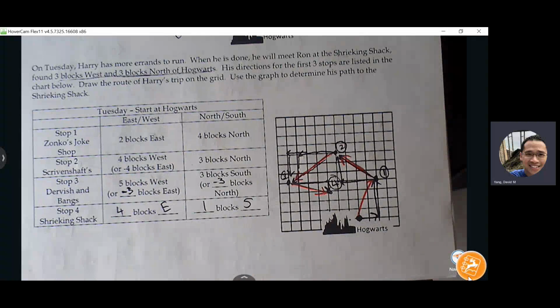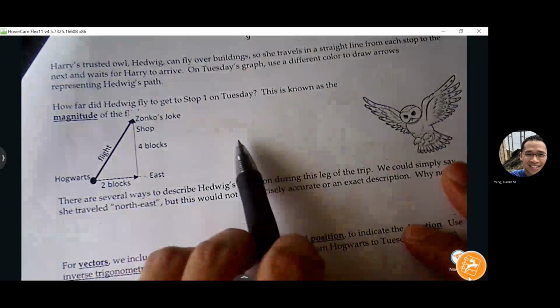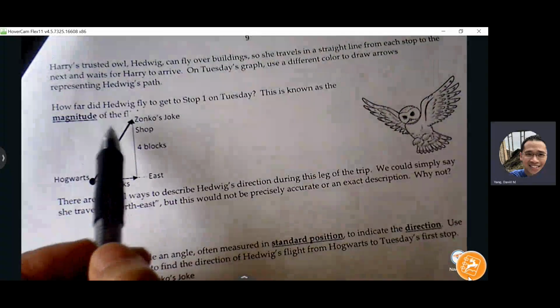So initially, all of our routes were horizontal and vertical lines, but then all the hypotenuse would just be the fastest path. Okay, so it's kind of drawn out for us here.